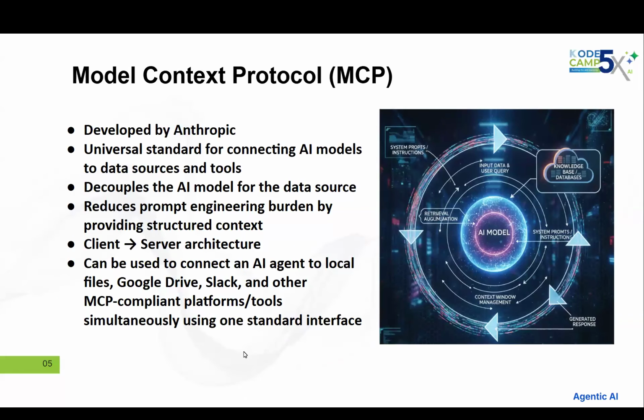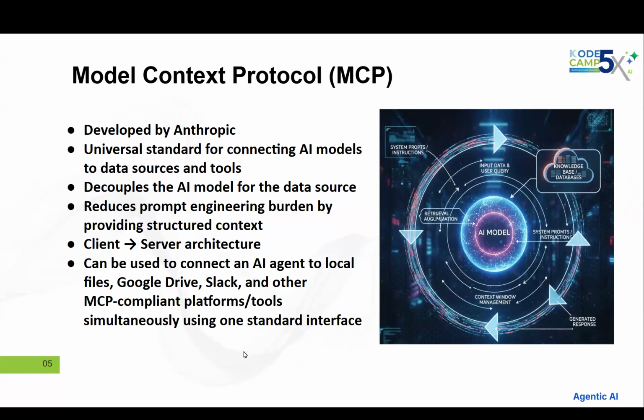So now we'll take a little dive, not a deep dive, just an overview, into these four protocols. Starting with MCP. MCP was developed by Anthropic, and it's a universal standard for connecting AI models with tools and data sources.